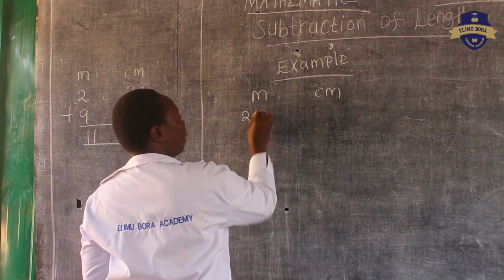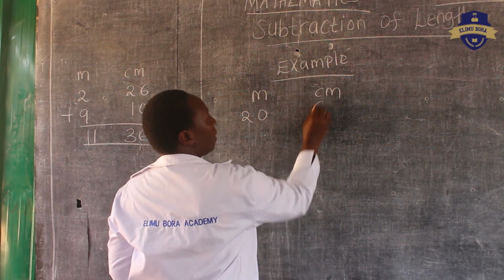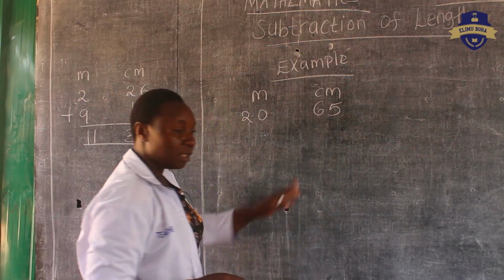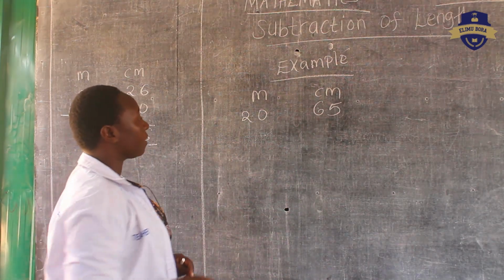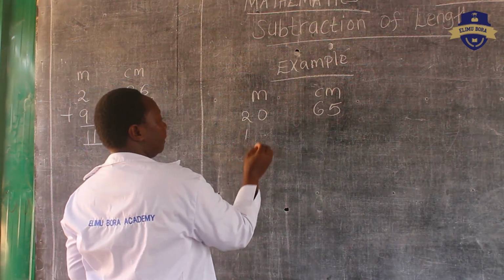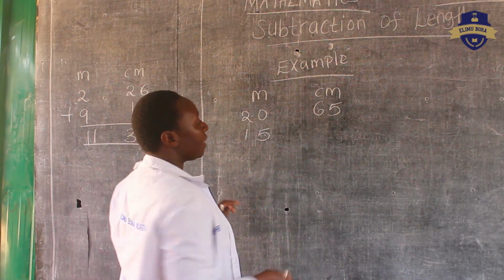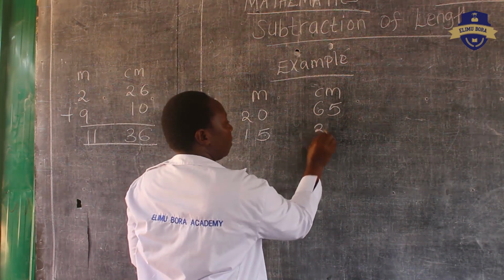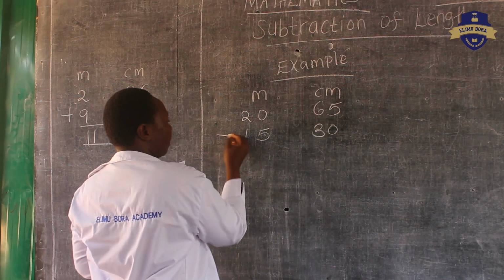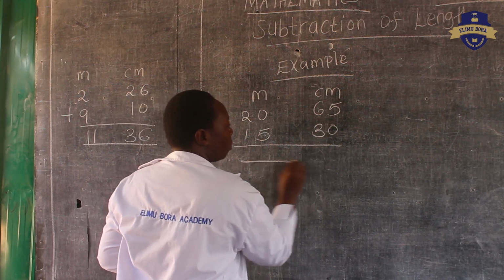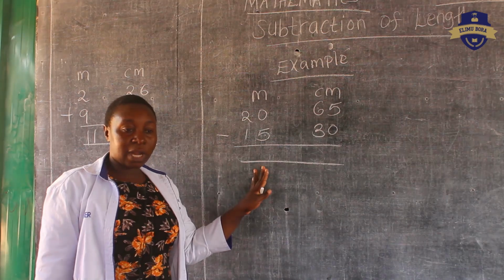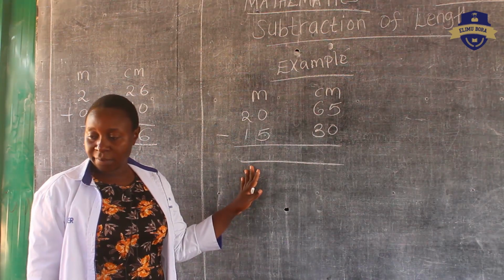You are given 20 centimeters here, then here we are having 65 centimeters. Then here you are given 15 meters. The other side you are given maybe 30 centimeters. Then you are asked to do what? To subtract. Subtraction is taking away.